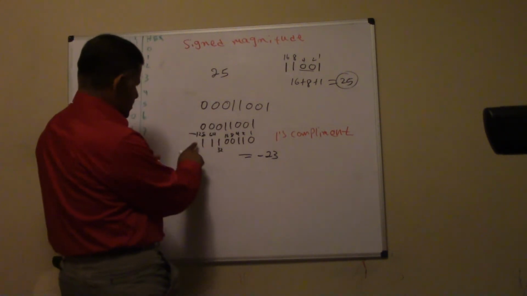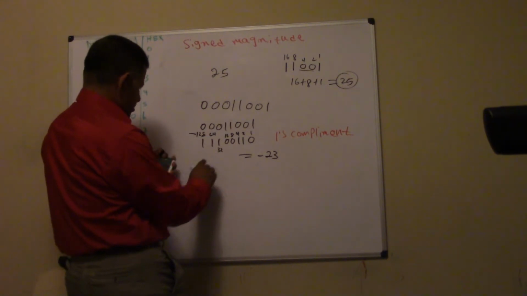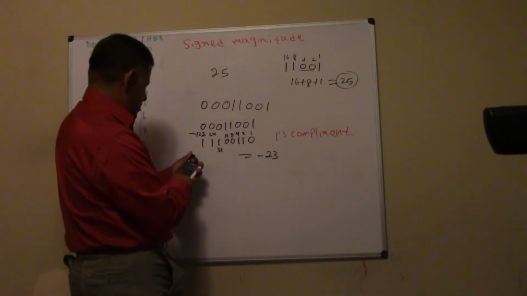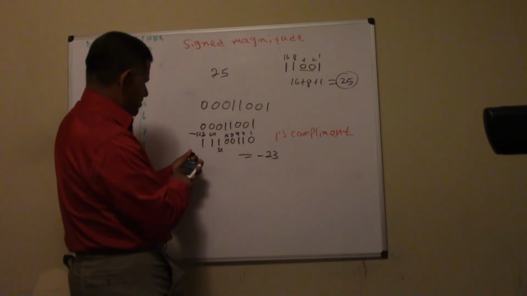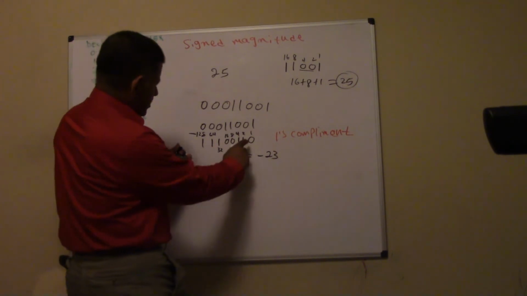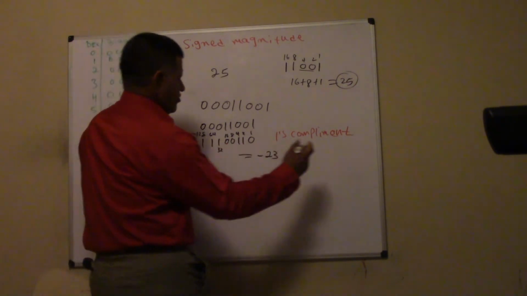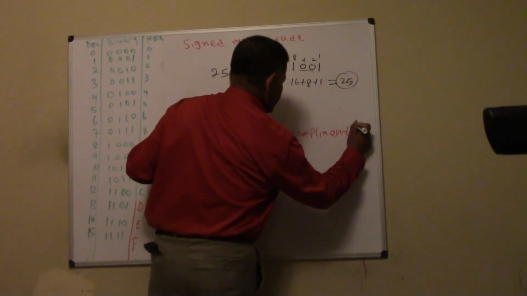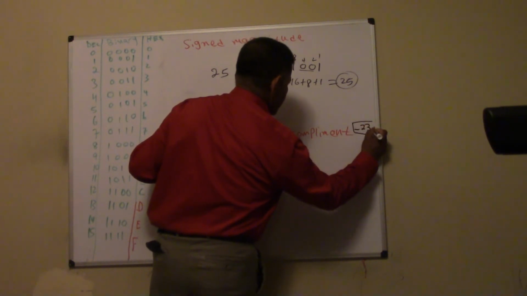I'm pretty sure this is right: 128, 32, 64 plus 4 plus 2, yep. Okay, so negative 23, let's circle that number.